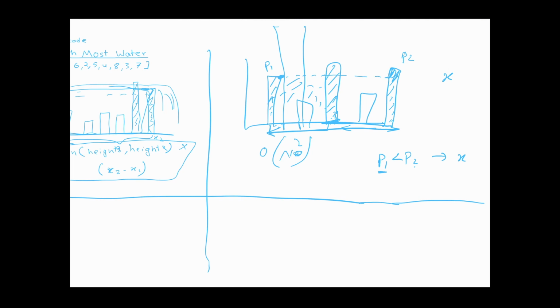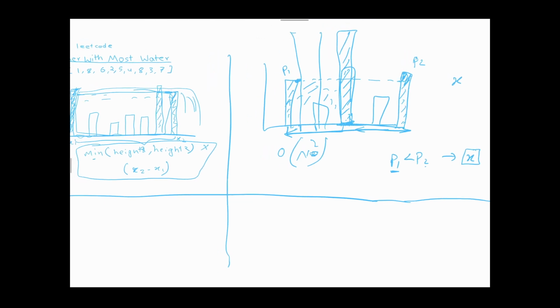But if you keep P2 constant and move P1, then there is a possibility that you will find a larger pillar. The distance will still decrease between the two pillars, but there is a chance that the minimum of those two heights will increase, because P2 is definitely larger, and if the next pillar is even larger, then the height will definitely increase.